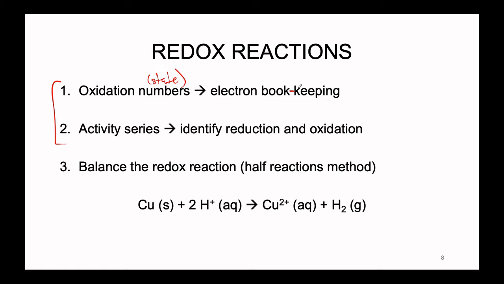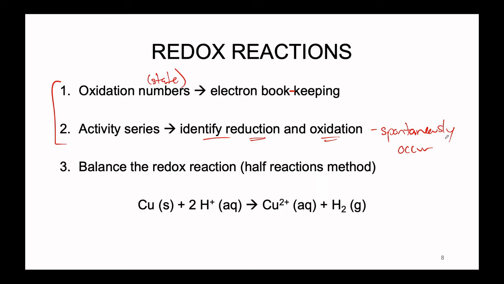What the oxidation state tells us is, from reactants to products, whether a species has either gained or lost electrons. The activity series we also had time to cover. The activity series is useful for identifying whether there is a reduction or an oxidation, and whether it will spontaneously occur.